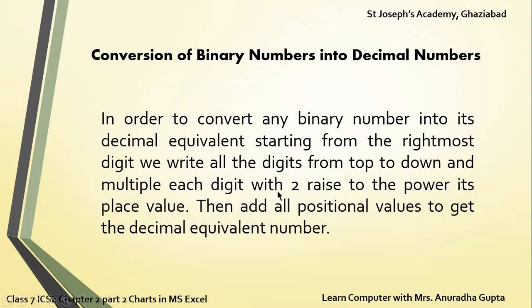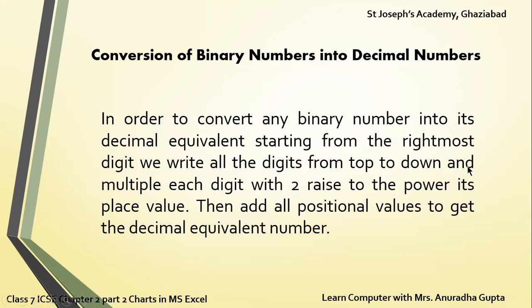Why do we multiply each digit with 2? Because the binary number system base is 2. When we solve and get the positional values, we add all the positional values to get its decimal equivalent. This is the method to convert any binary number into its decimal equivalent.